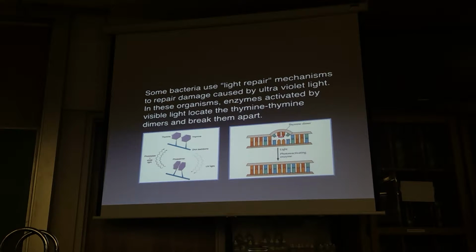Light repair involves enzymes that are actually activated by exposure to visible light. If they have this light repair, they'll find the thymine-thymine dimer and just take it apart. So the damaged strand where the two thymines are stuck together, those two thymines come apart, and then that DNA is going to be back to normal.